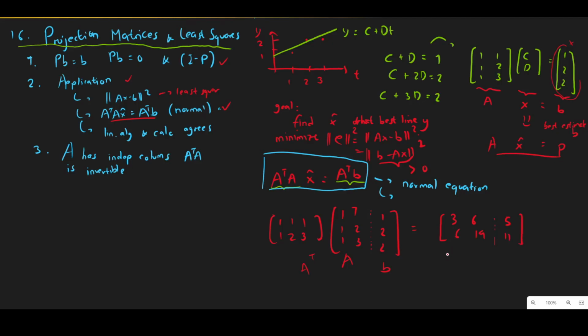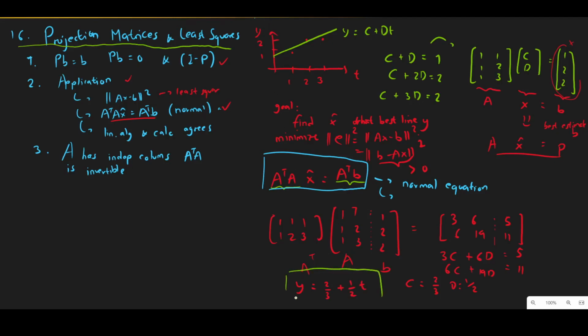So we got our two lovely equations, which are 3c plus 6d equals 5 and 6c plus 14d equals 11. I will not go rigorously into finding c and d, just believe me on this one, because this is also the result in the lecture. So c and d are these numbers, and we find our best line is 2 over 3 plus half t.